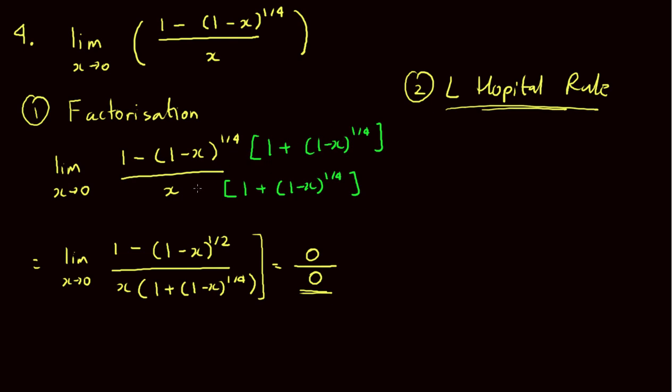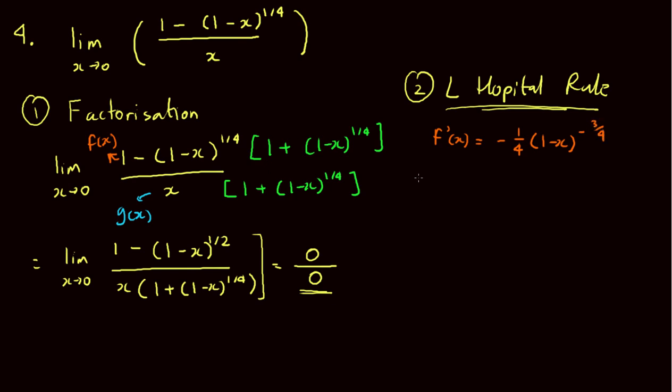So L'Hopital rule is far easier. If I take this as my f(x), for instance, and I take this as my g(x), what I'm going to do is find the derivative. The derivative of f would be negative 1 over 4 times (1 minus x) to the power of this 1 over 4 minus 1, which gives us negative 3 over 4.